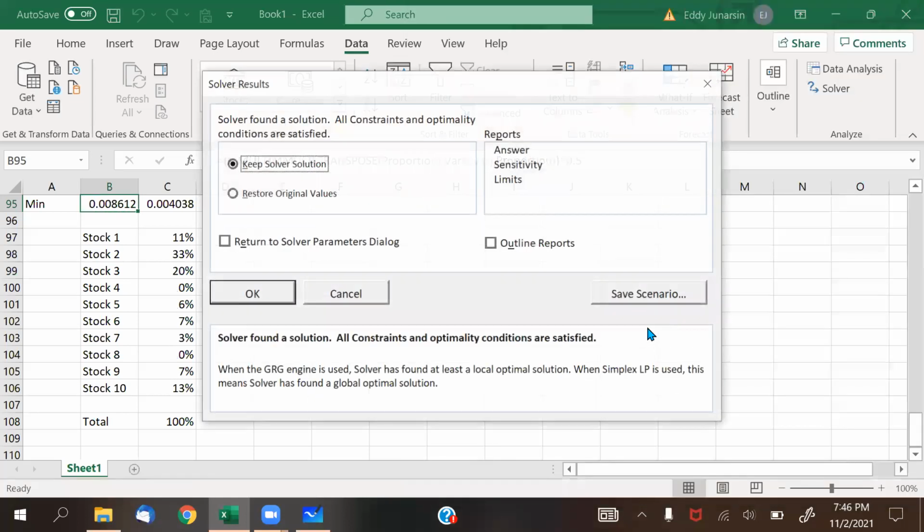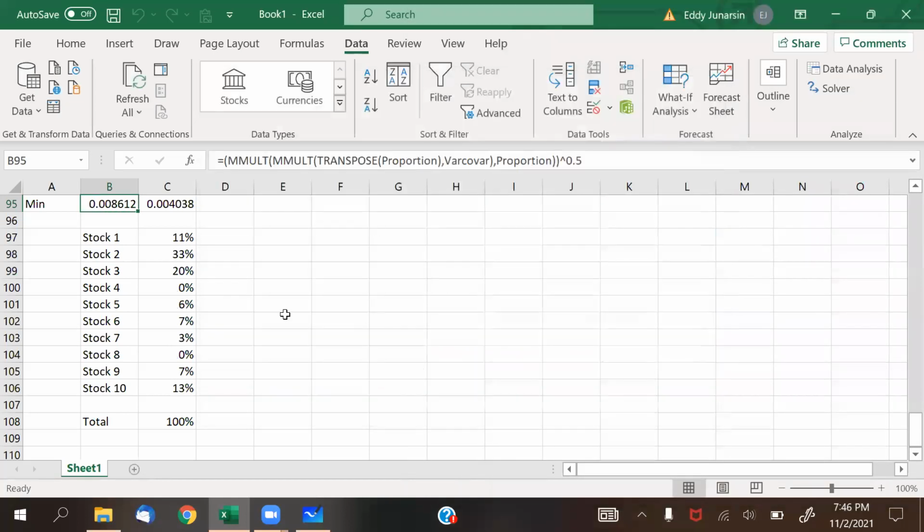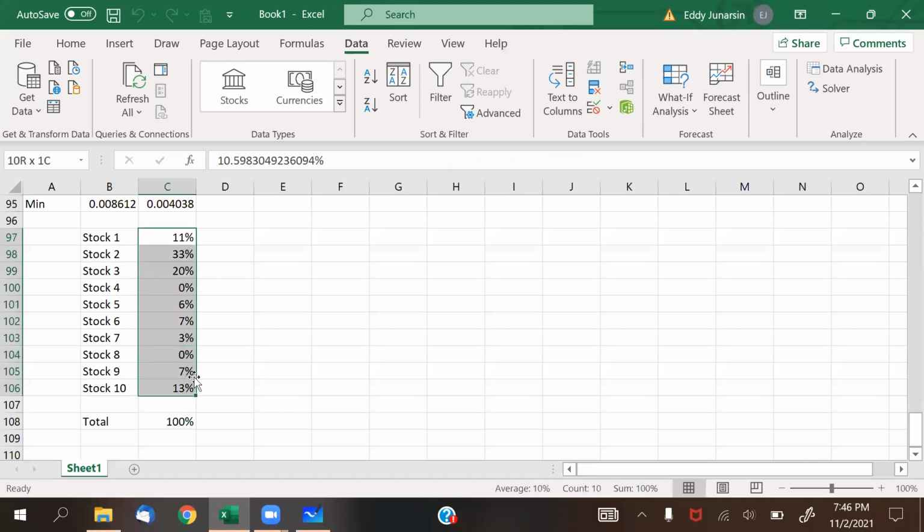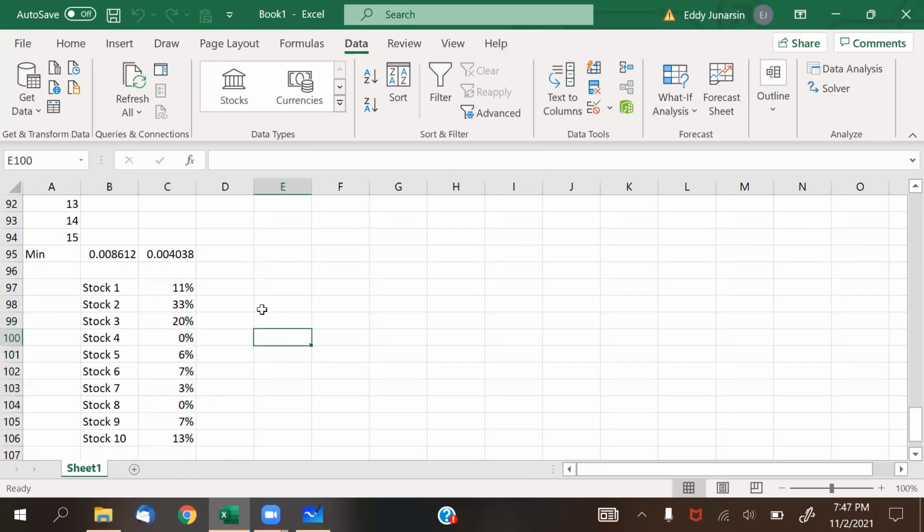So you solve it, and you see, they change automatically, right? So now you know the global minimum variance portfolio.